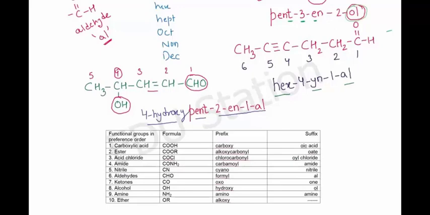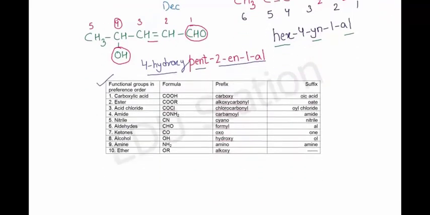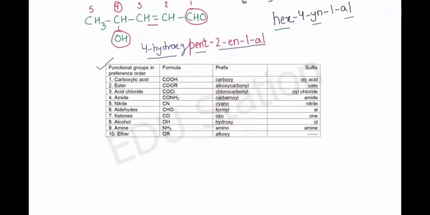So if you look at this sequence, this table which is given to you, the groups are arranged according to their preference order. If you look at aldehyde, it is at 6th and alcohol is at 8th. Aldehyde is over alcohol. So if aldehyde and alcohol is present, aldehyde will be preferred over alcohol.